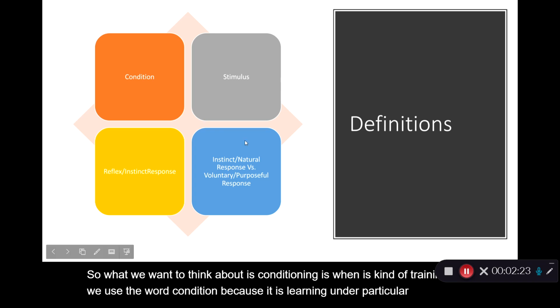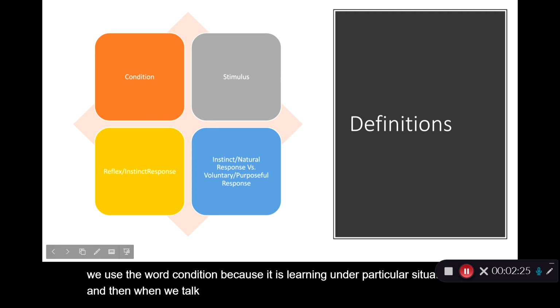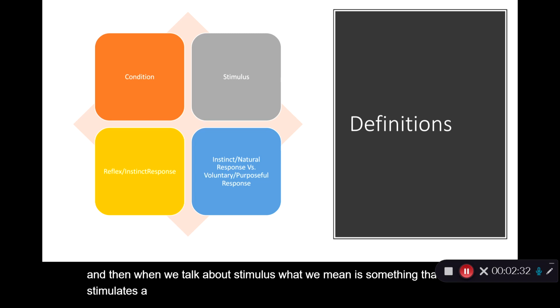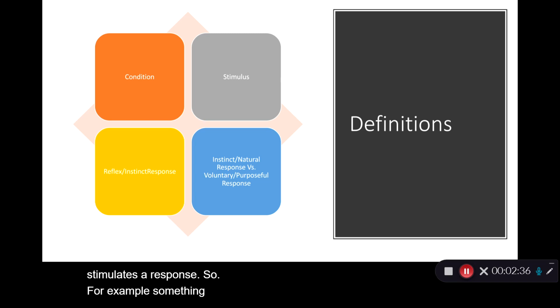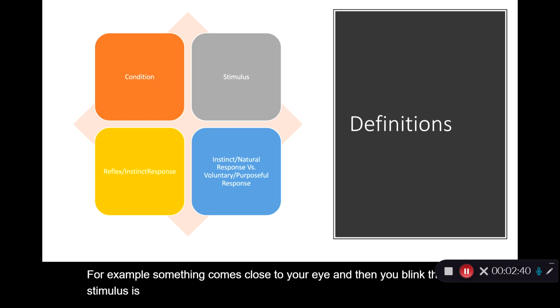And then when we talk about stimulus, what we mean is something that stimulates a response. So, for example, something comes close to your eye and then you blink. The stimulus is the something coming close to your eye. The reaction is the blink. Okay? Reflex or instinctive response is that eye blink.